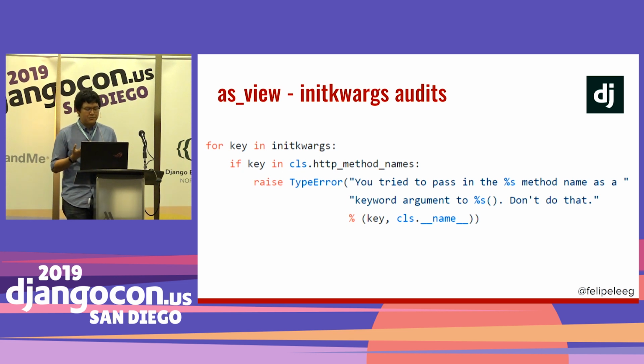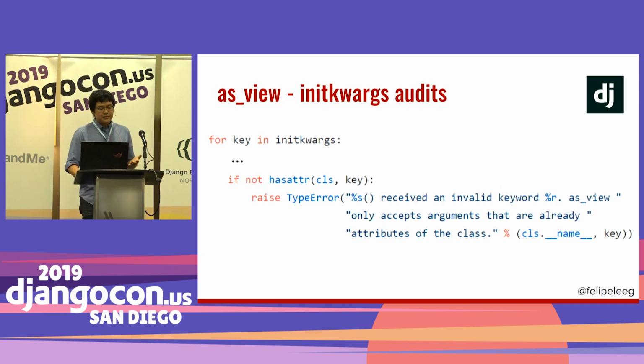I guess you could maybe do something with lambda, but it's weird, so just avoid it. The next thing is we check to make sure it's actually an attribute of the view already. We don't want to be setting new attributes through this. It gets a little messy. If you really want to set a new method, just define it in your view, and then you can pass it in. So just to be safe, we check that.